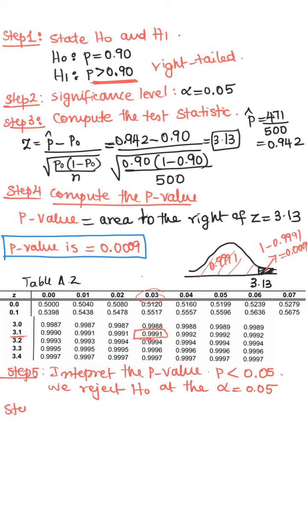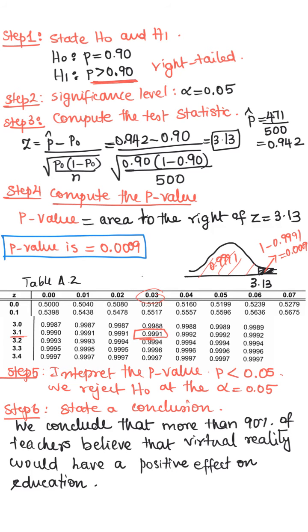Now step 6 is state a conclusion. So we can conclude that more than 90% of teachers believe that virtual reality would have a positive effect on education.